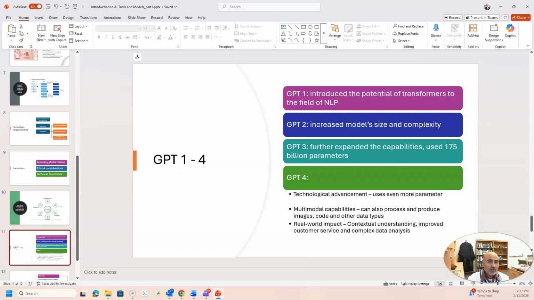With over 175 billion parameters, GPT further expanded the capabilities of its predecessors, showcasing a very impressive range of applications, from content creation to answering queries with human-like accuracy, maintaining the context that is given in the prompt.